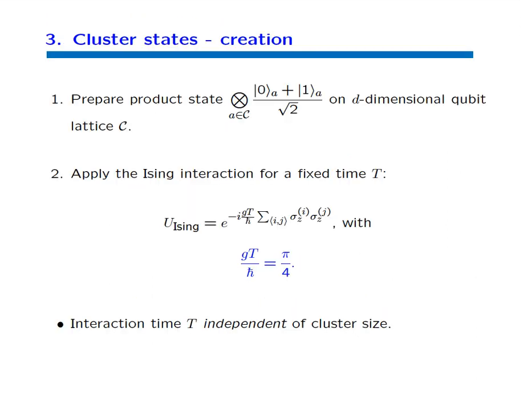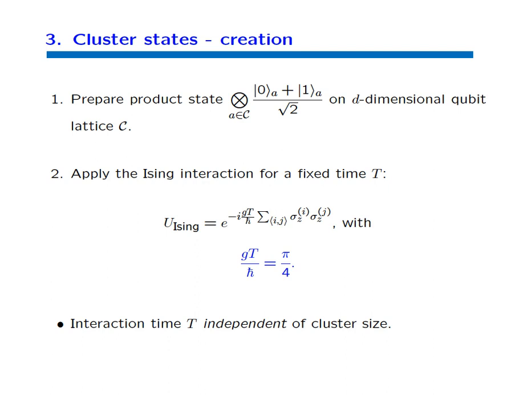Let's switch gears now. Let's get a tiny bit technical, although not too technical, just enough to warm up for the next lecture. So this slide is about the creation of cluster states. There is, of course, any number of ways in which you can create cluster states, and this is just one of them. But it is there to illustrate a particular point. So let's get to that.